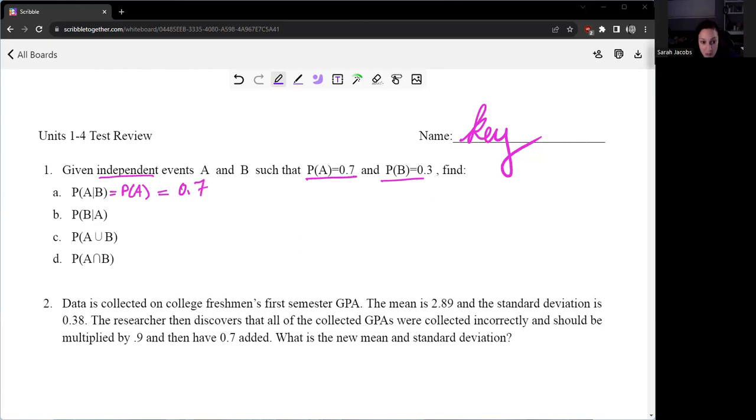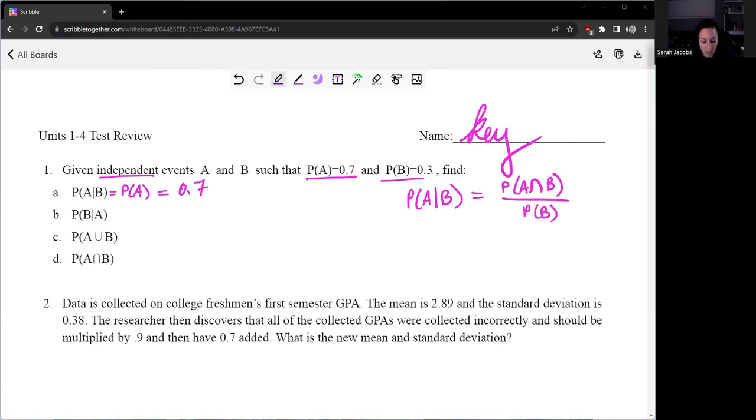If it didn't say they were independent, then we could find the probability of A given B by using the formula that's on your formula sheet: the probability of A given B is the probability of A and B all over the probability of B, right?